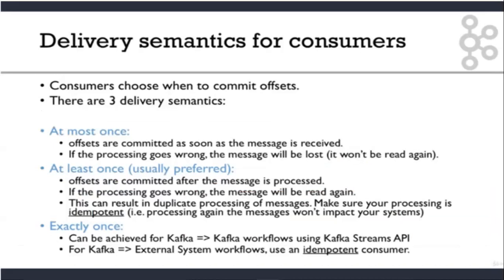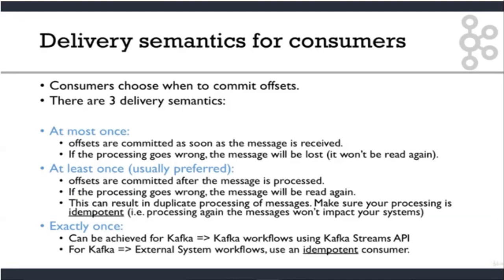Delivery semantics for consumers. Consumers choose when to commit offset. There are three types of delivery semantics: at most once, at least once, and exactly once. In at most once, offsets are committed as soon as the message is received. If the processing goes wrong, the message will be lost.